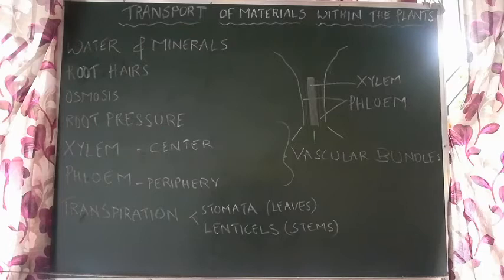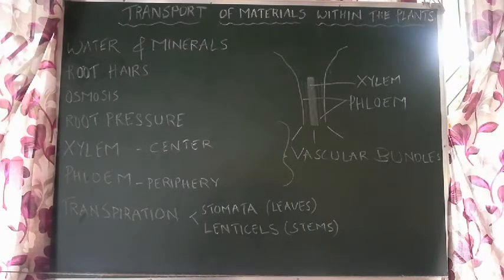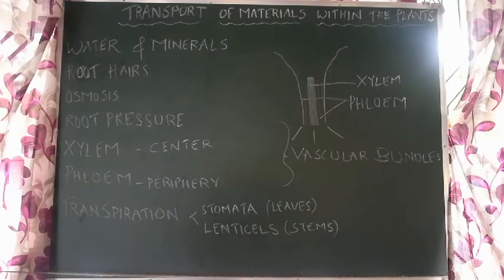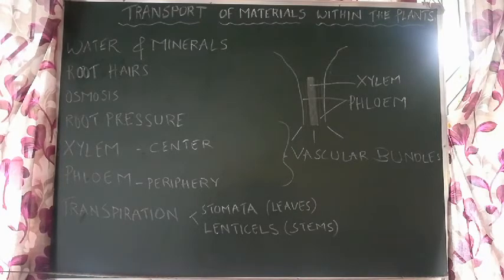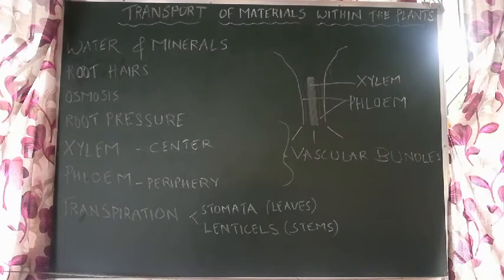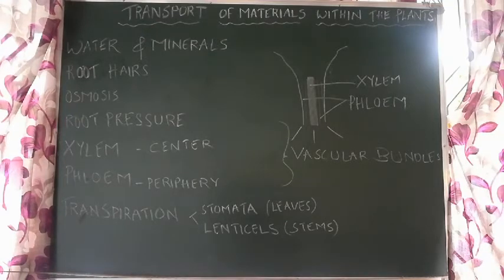Because of osmosis, the water present in the soil where the plant is enters from the soil into the roots of the plant. So osmosis is responsible for the water to enter into the plant through the root hairs present on the roots of the plant.